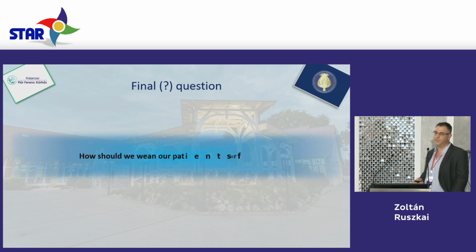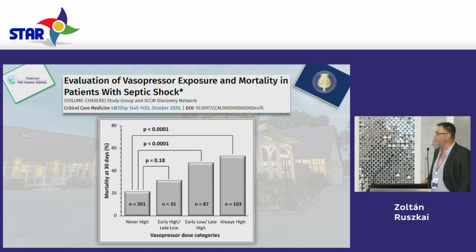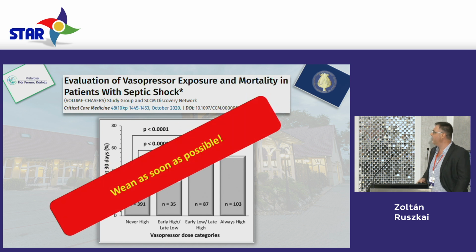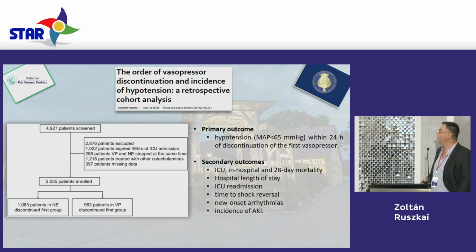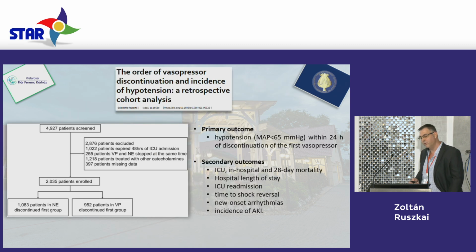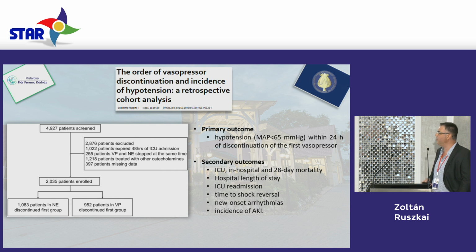And the final question, how should we wean our patients from vasopressors? Because we know that the cumulative dose and the duration of vasopressor treatment is associated with increased mortality, so we have to wean our patients as soon as possible. Which vasopressor should we discontinue first?